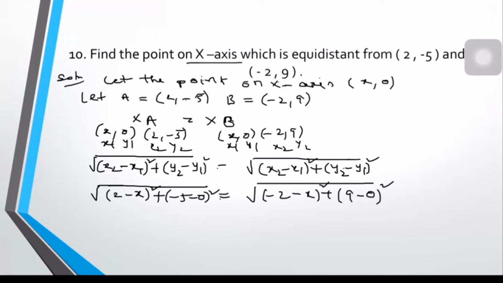Now squaring on both sides. So (2 minus x) whole square plus (-5) whole square is equal to (-2 minus x) whole square plus 9 square.